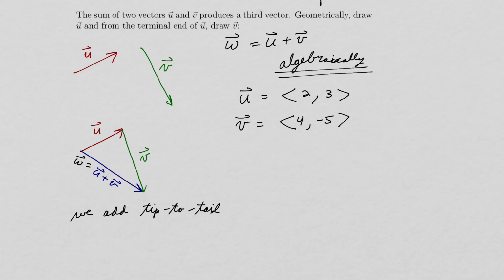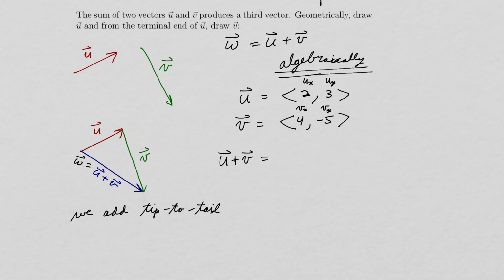So ux is the 2, and uy is the 3. For v, the 4 is vx, and vy is the negative 5.